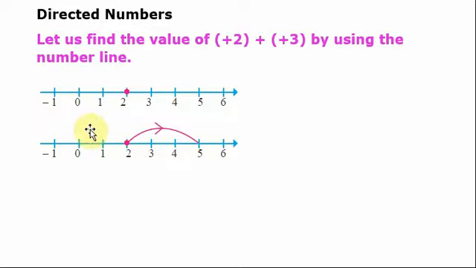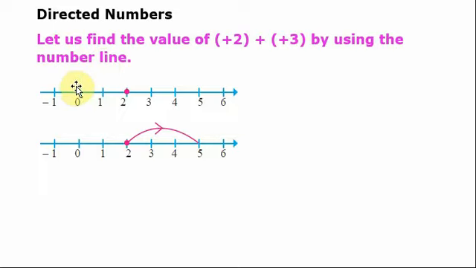We consider 0 as a center point, and from the center, movement to the right side we consider as positive, plus, right, positive direction, plus direction.